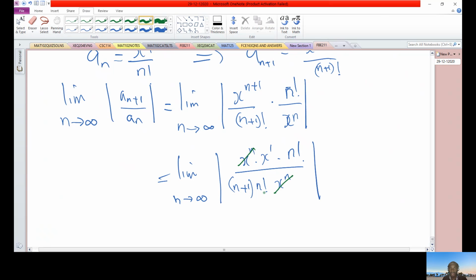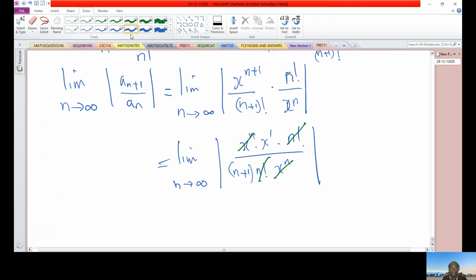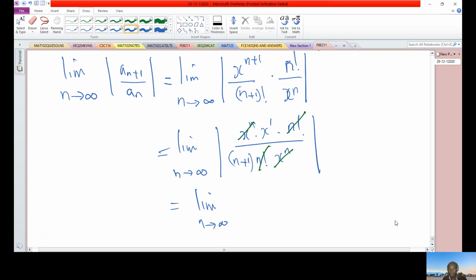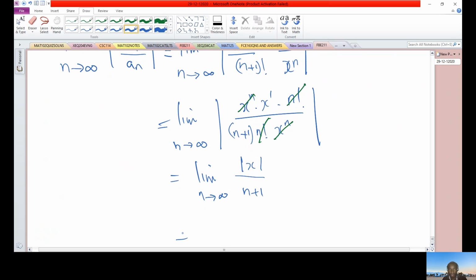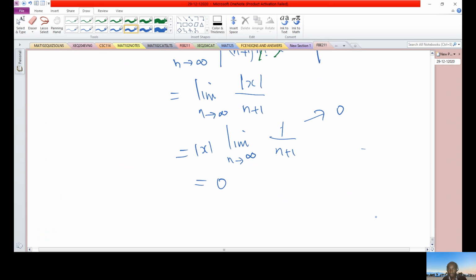Clearly, this and this cancel out, this and this cancel out. So we have the limit as n approaches infinity of x over n plus 1, which is nothing but x times the limit of 1 over n plus 1, which is actually 0 because this limit approaches 0. And this is less than 1.